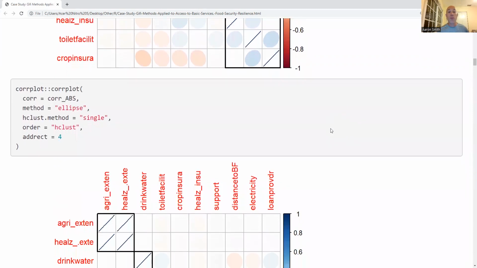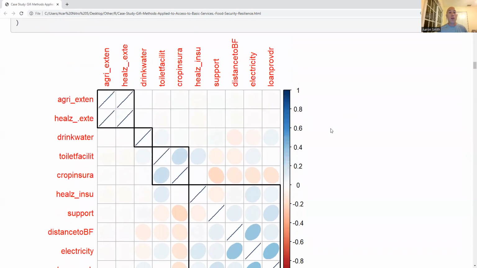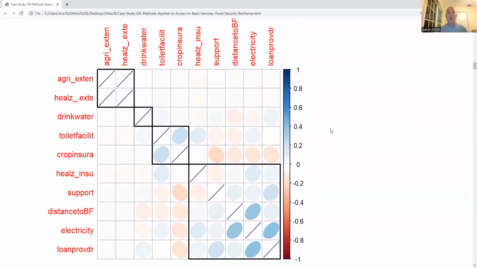Now we can do the same thing with single linkage. Single linkage does a better job of detecting outliers. Here, the word outlier is not very good for this purpose. This is just showing that it has information that is not available elsewhere in the data set. We can see that these perfectly correlated columns are in their own group.